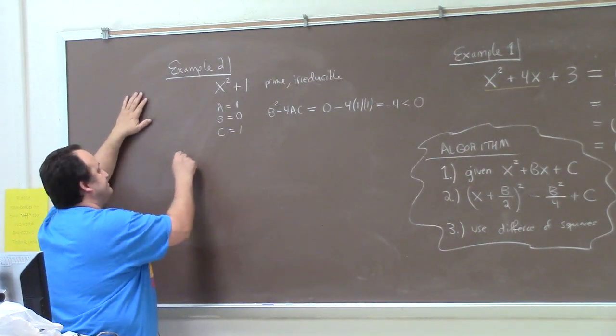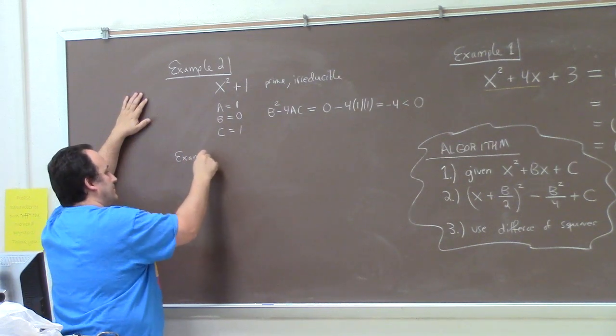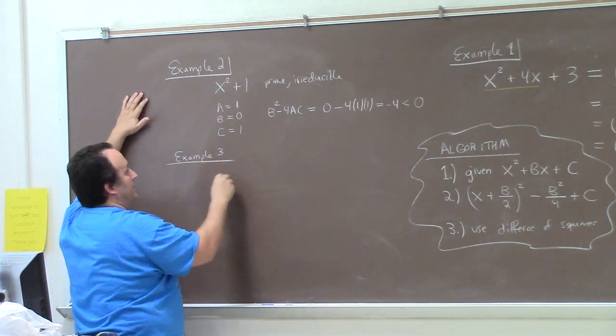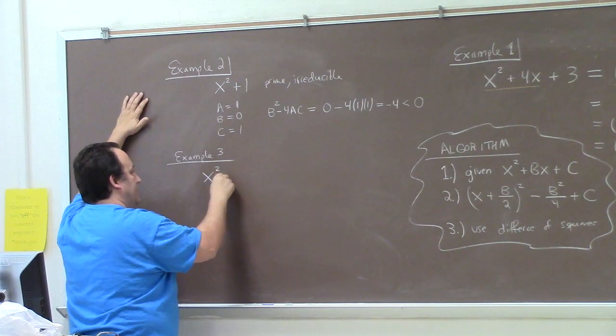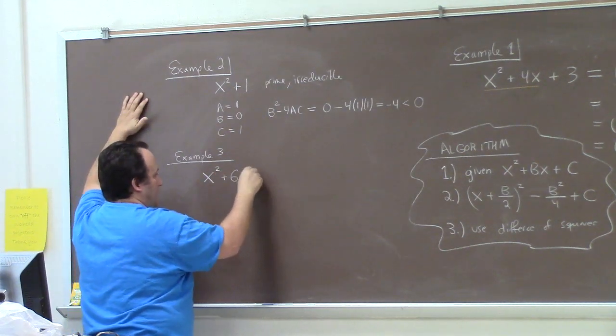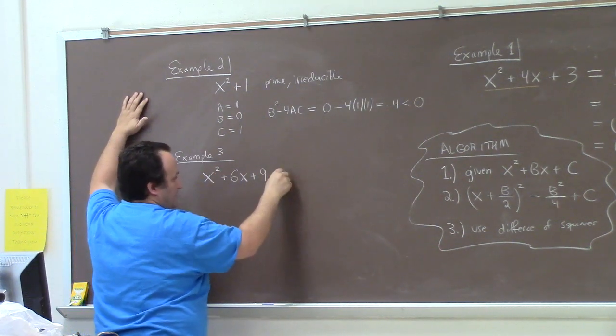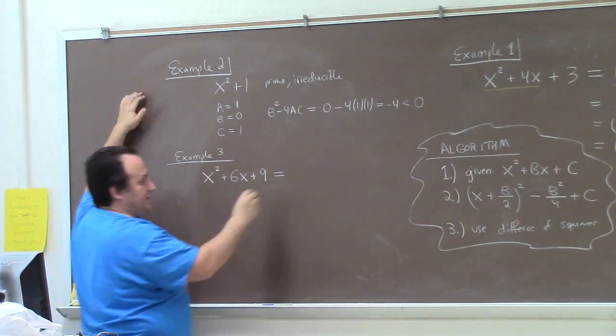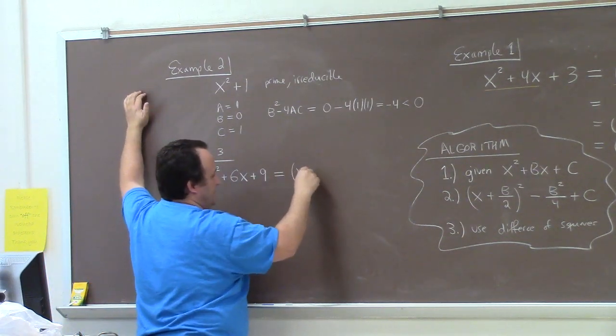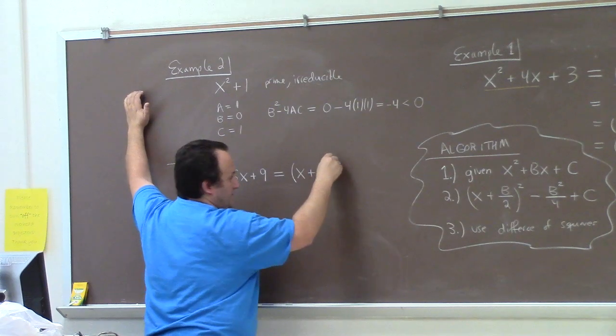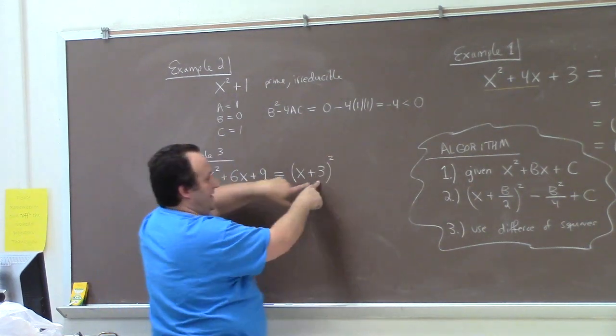Example 3. If we have x squared plus 6x plus 9, we complete the square. We take x plus 3 squared, and then we're supposed to subtract the square of that.